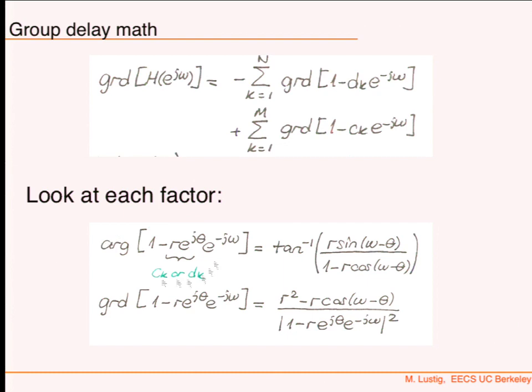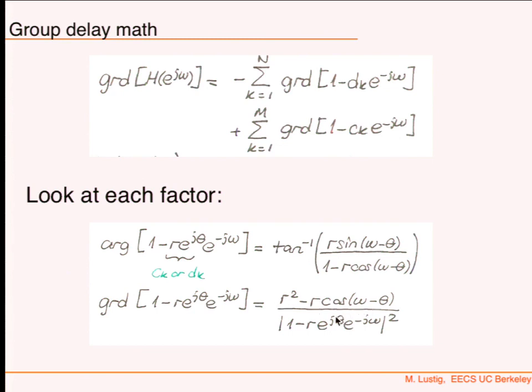If you look at the phase of this argument, you can derive it to be the inverse tangent of r sin(w - theta) over 1 - r cos(w - theta). It's easy to derive, and I'll show you how you can look at it from a zero-pole point of view. If you take the derivative of this inverse tangent, then you get the following result.